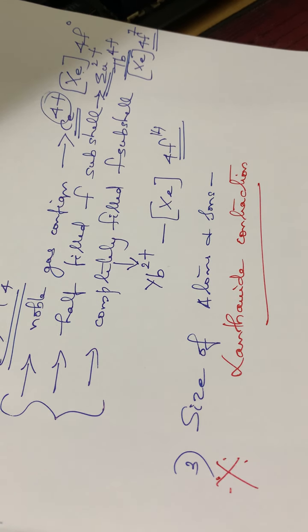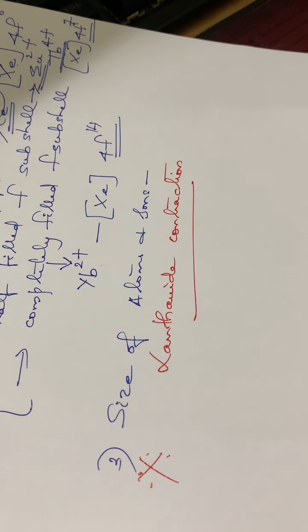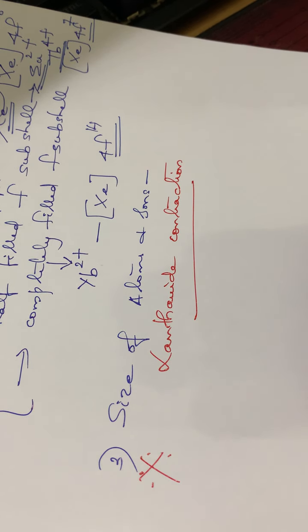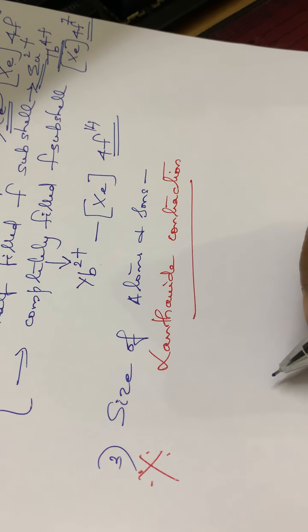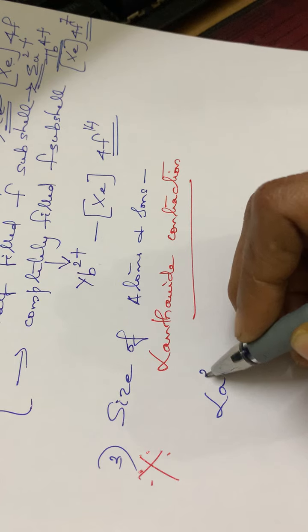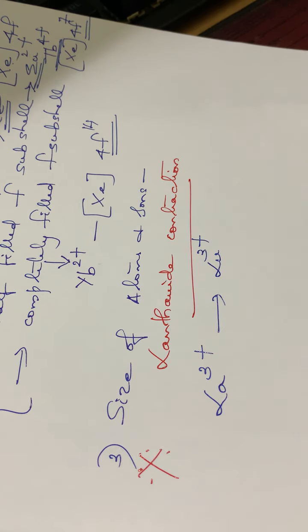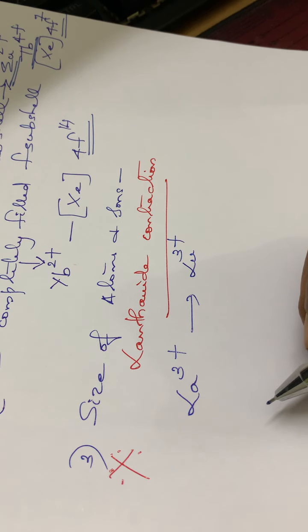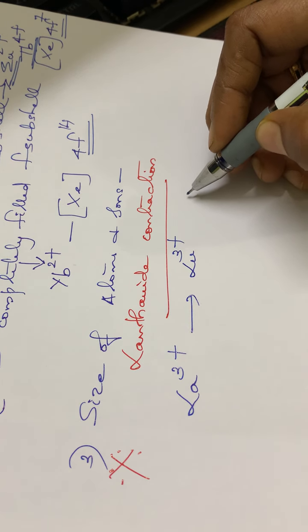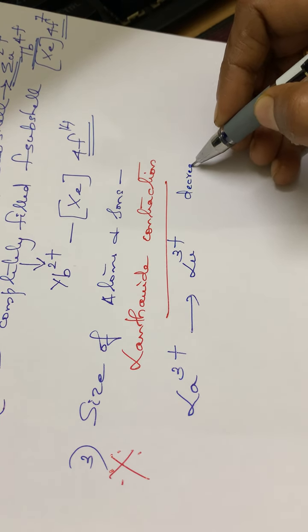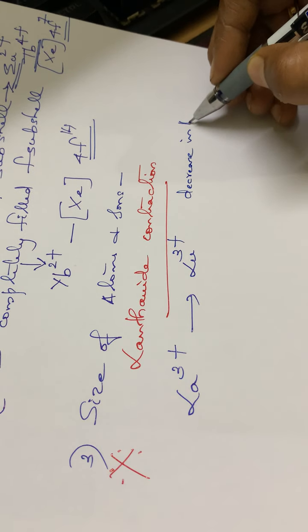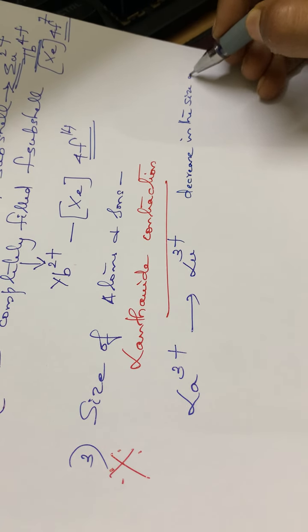Okay, so lanthanide contraction means, see here, starting from lanthanum to lutetium, normally we write lanthanum 3+ to lutetium 3+. And also in the ionic radius, there will be a regular decrease in the size, as along a period there is usually a decrease in the size of the atoms.